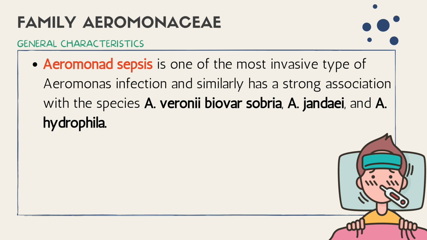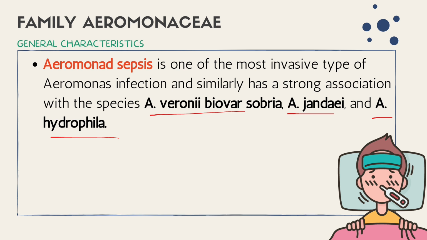which is Aeromonad sepsis, the presence of bacteria in the blood, one of the most invasive types of infection. It has a strong association with the species Aeromonas veronii biovar sobria, Aeromonas jandaei, and Aeromonas hydrophila. Normally, immunocompromised people have a higher risk for this disease.